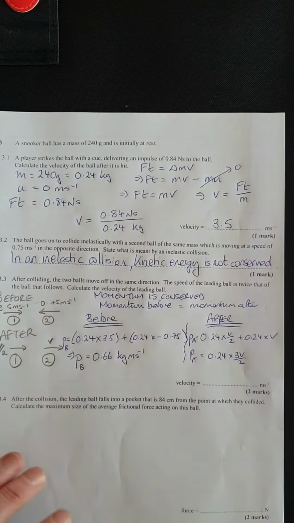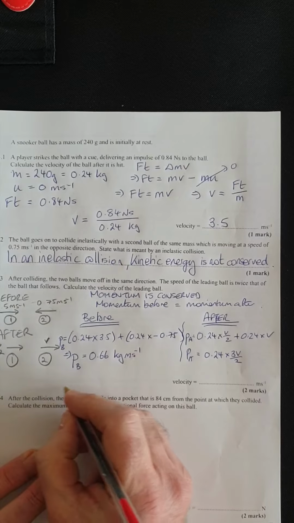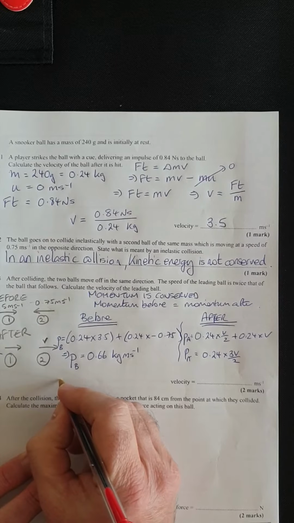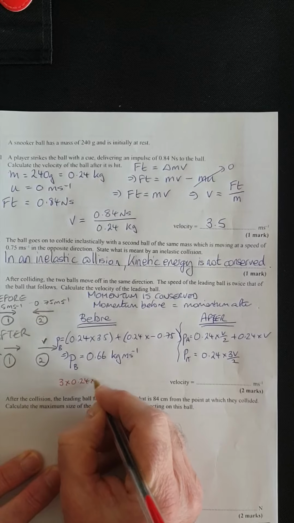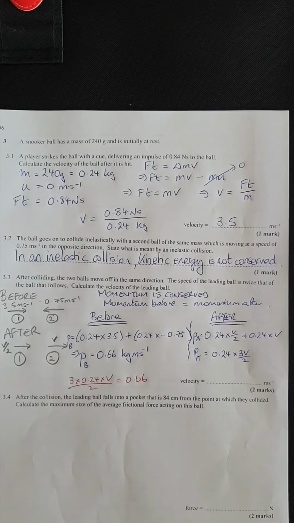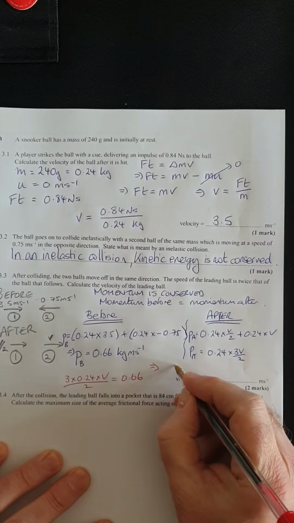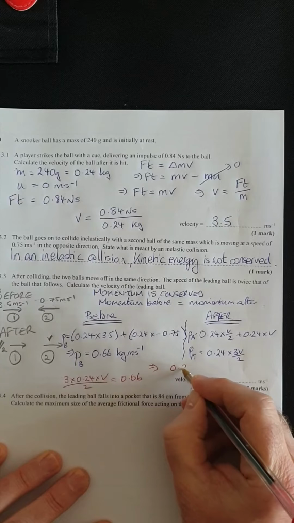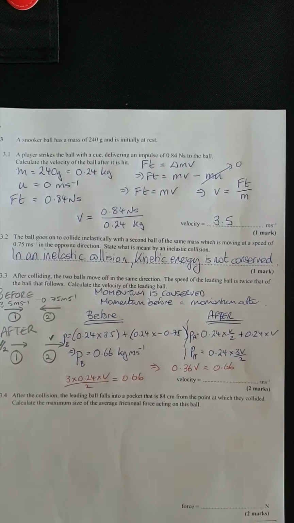Now we can say, because momentum is conserved, that therefore 3 times 0.24 v over 2 is equal to 0.66. So that gives me that 0.36 v is equal to 0.66.